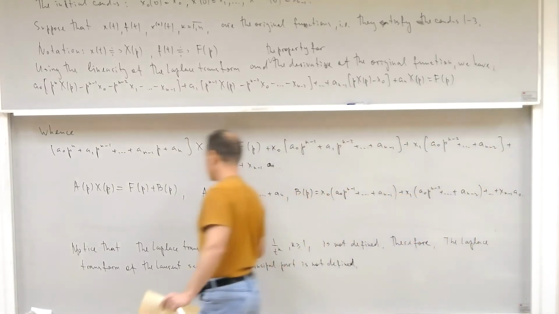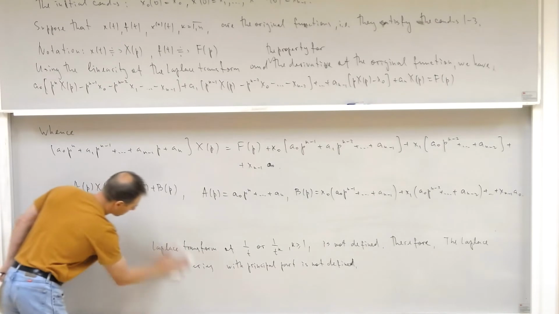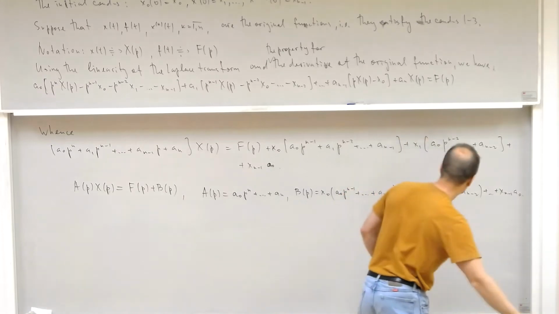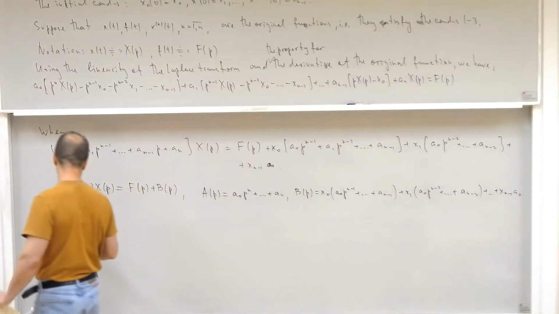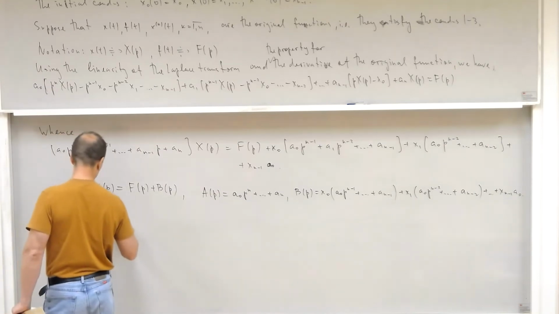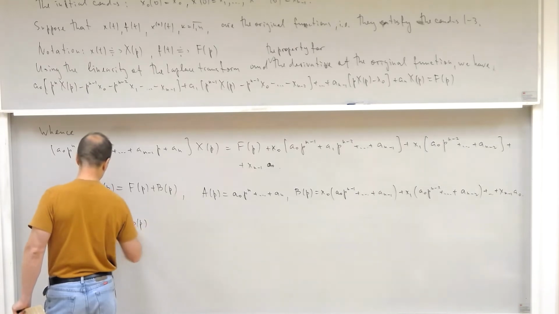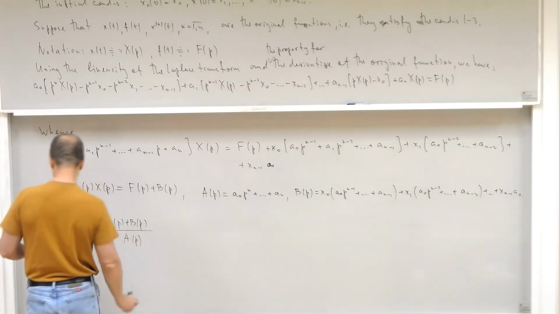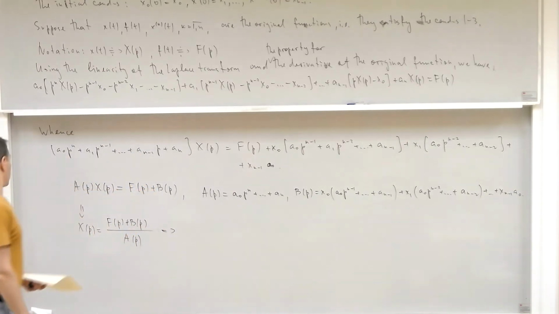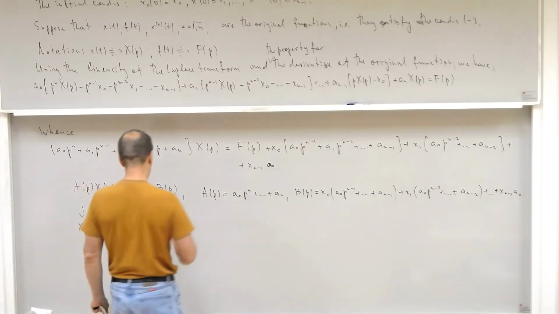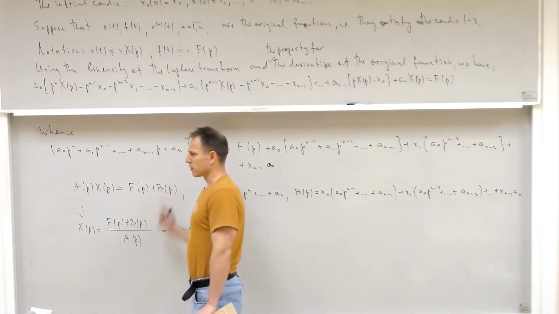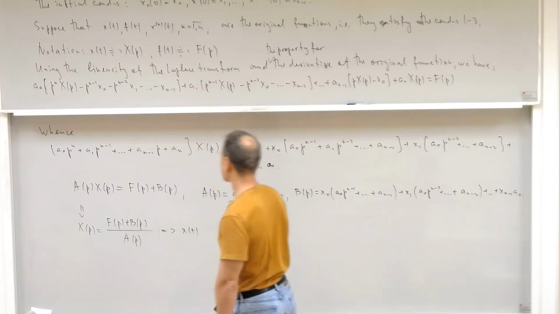The solution, obviously. Then x small of t, that is the original function, is found by applying the inverse Laplace transform, the inverse Mellin formula.